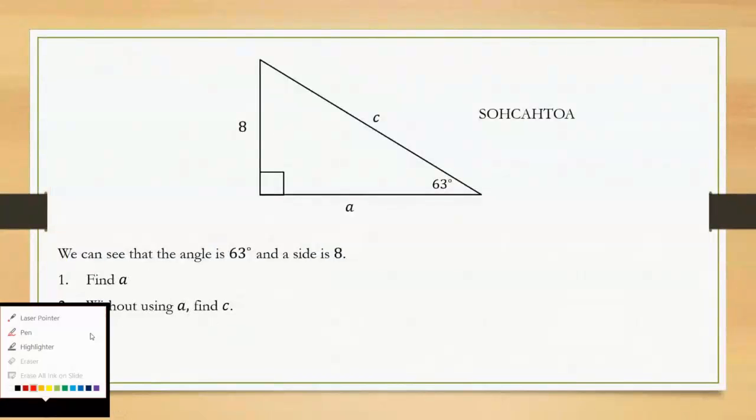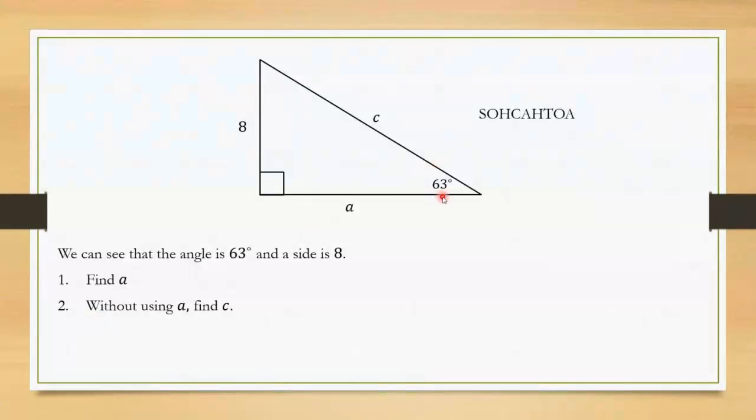Okay, well, here we go. So we need to know what trig function we are going to use to figure out what A is. Well, we have the opposite, that's 8, and we have the adjacent, which is A. That's what we're looking for. Opposite, adjacent.